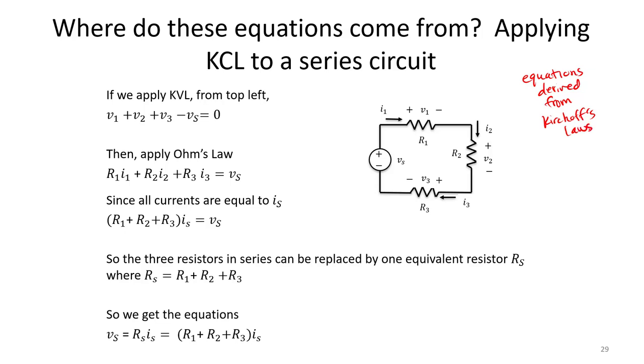Now, I don't expect you to memorize the derivations, but you can see here, if we were to apply Kirchhoff's voltage law all around this circuit, here the opposite convention was used, but you see that you basically end up with the sum of all the voltages around this loop being 0. And then if we apply Ohm's law, notice how we can combine terms and end up with the equations on our previous slide.